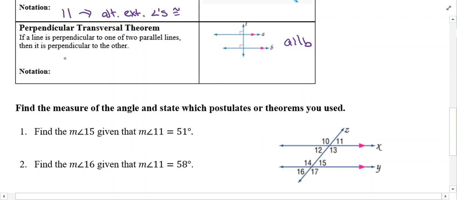So here we have perpendicular to one parallel line gives us that it is perpendicular to the other.